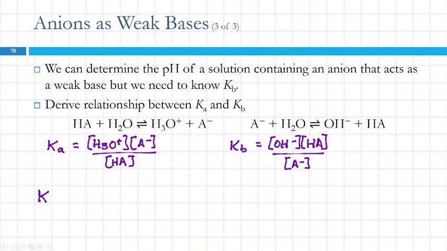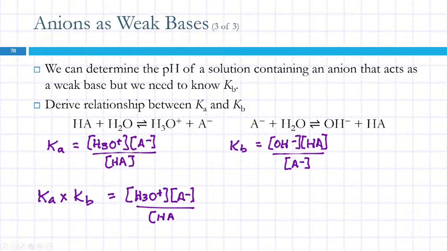Let's see what happens if we multiply Ka times Kb. That is going to be H3O plus times A minus over HA, times hydroxide times HA over A minus. Some things are going to cancel out, right?